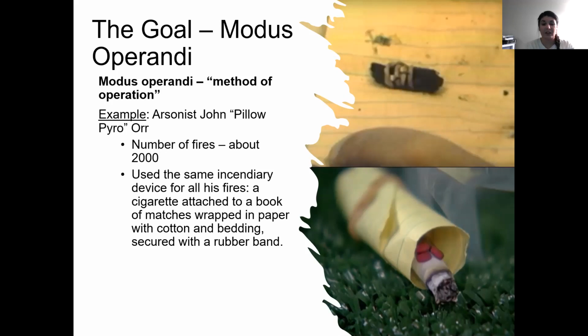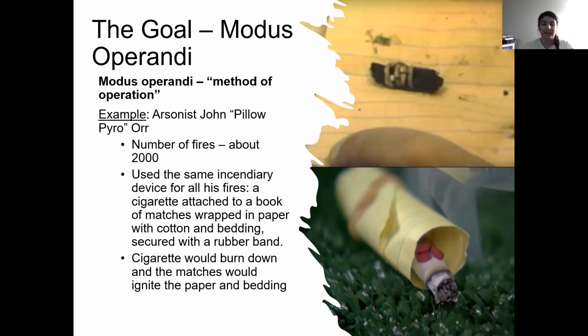A cigarette. In the bottom picture you can see a cigarette attached to a book of matches, wrapped in paper with cotton and bedding, secured with a rubber band. The top picture is actually the evidence that was collected in an actual case this person did, and the bottom is an example of what it would look like.